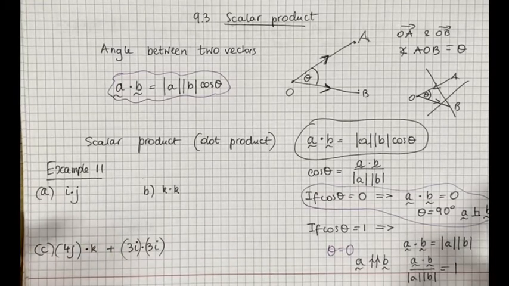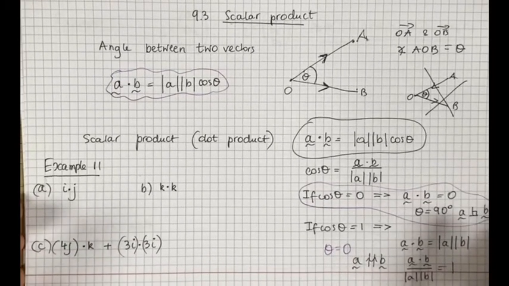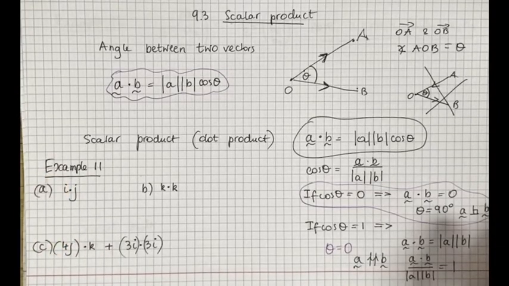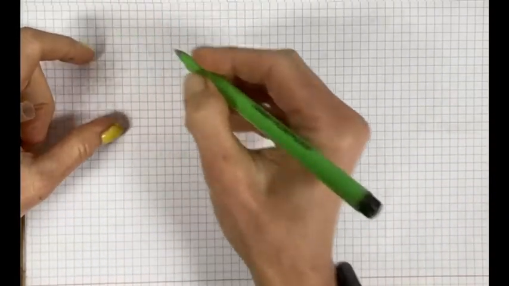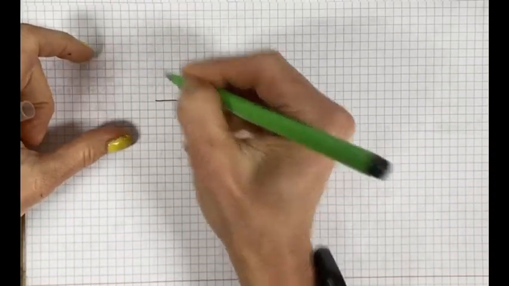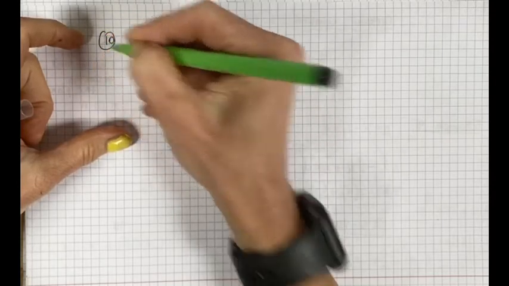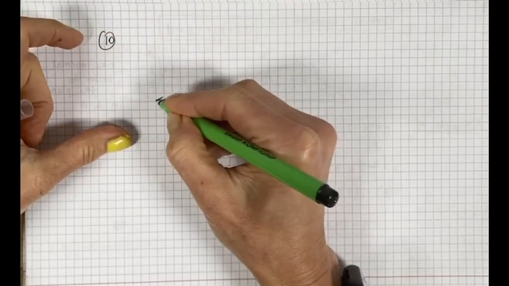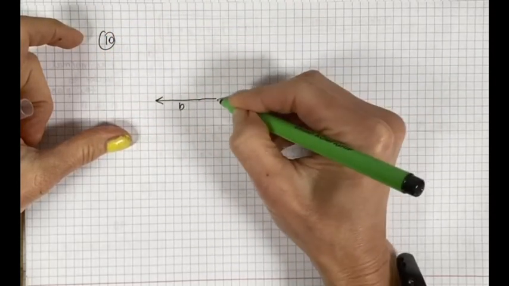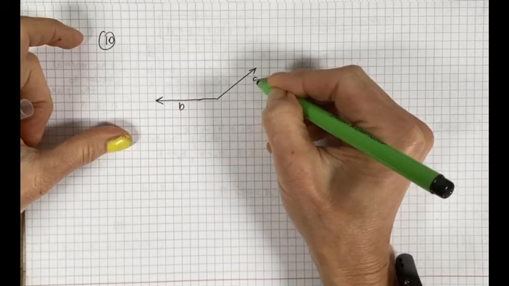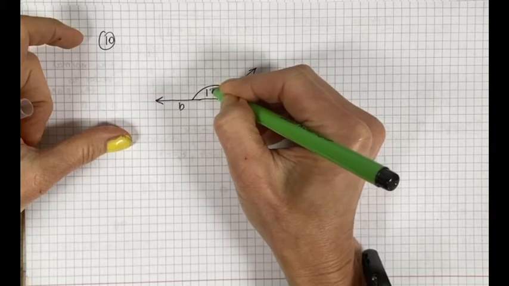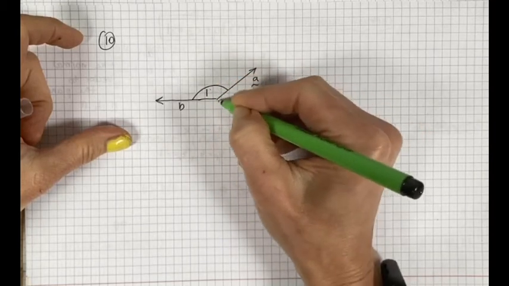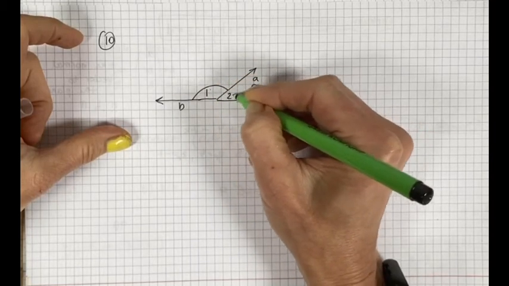Okay, let's have a go at example 11. Actually, let's just go quickly back to example 10, because I've not done it. In example 10, you've got a diagram, so let me just copy this quickly. The diagram has vector B and vector A. This angle here is 20 degrees.